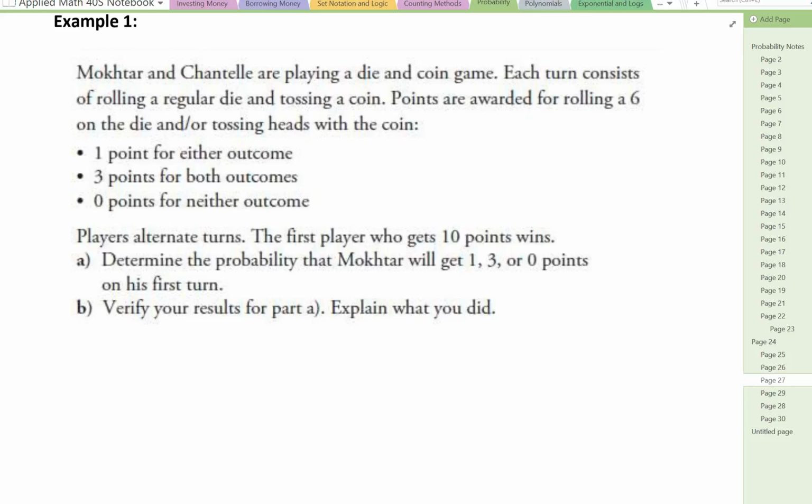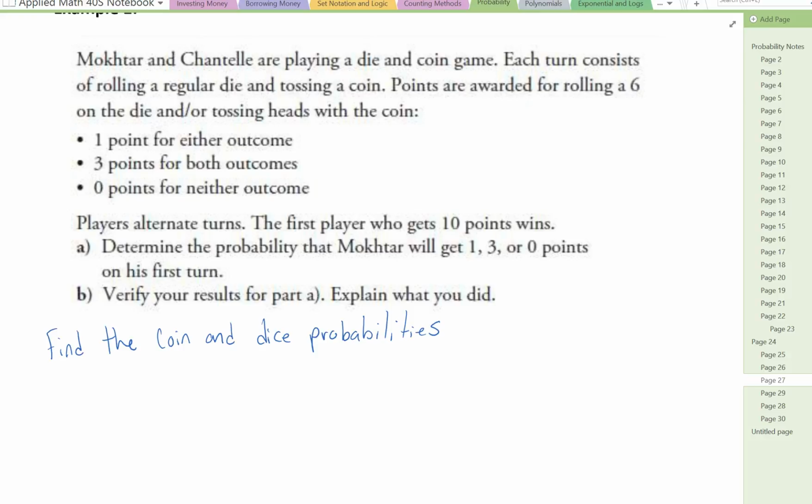So in order to do this, let's first find the coin and dice probabilities. The probability of rolling a 6 would be 1 out of 6. And the probability of not rolling a 6, which would be the complement, we could write it that way, or we could write it this way, the probability of not rolling a 6 with a bar over top.